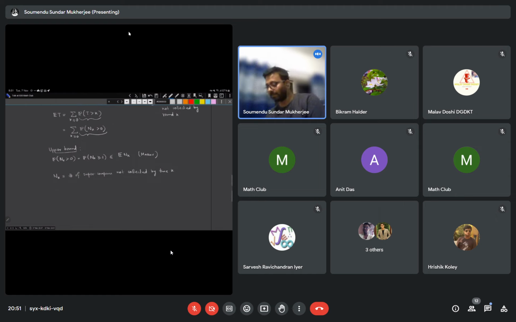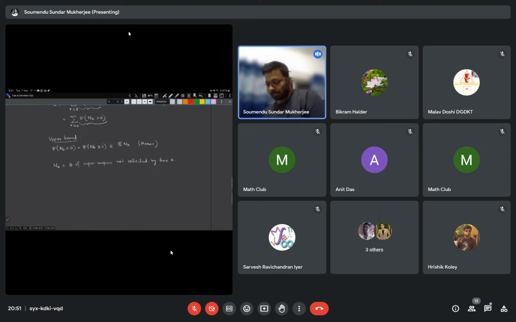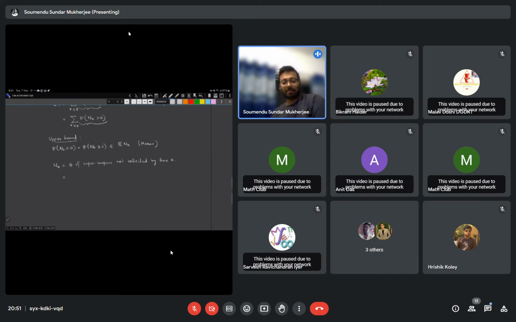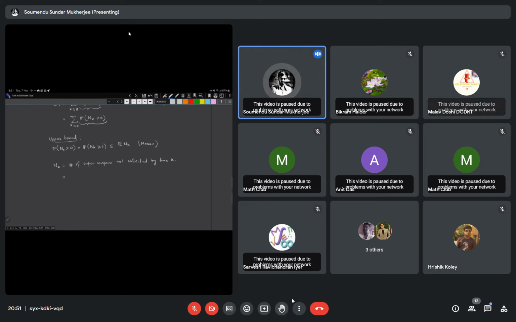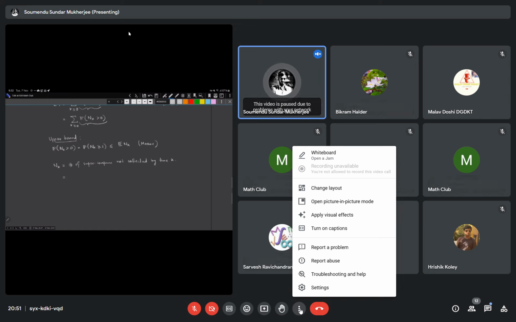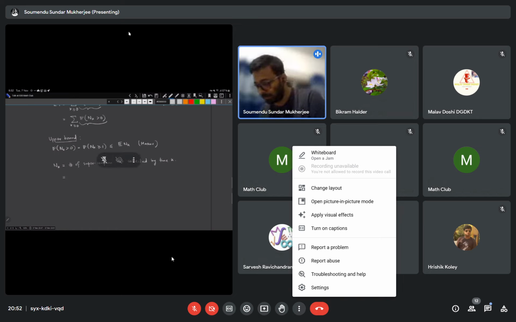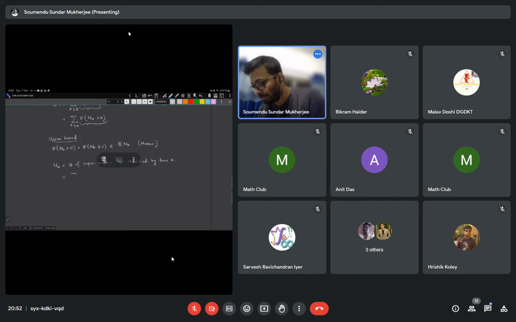So we'll basically write it as a sum of indicators. This is when you can really write a count as a sum of indicators. That's when the first and second moment methods are really powerful. In this case also you can do something like that. So we sum over all possible super coupons.